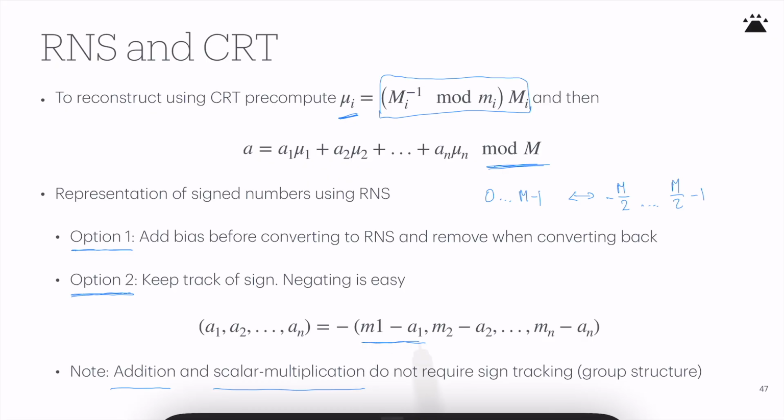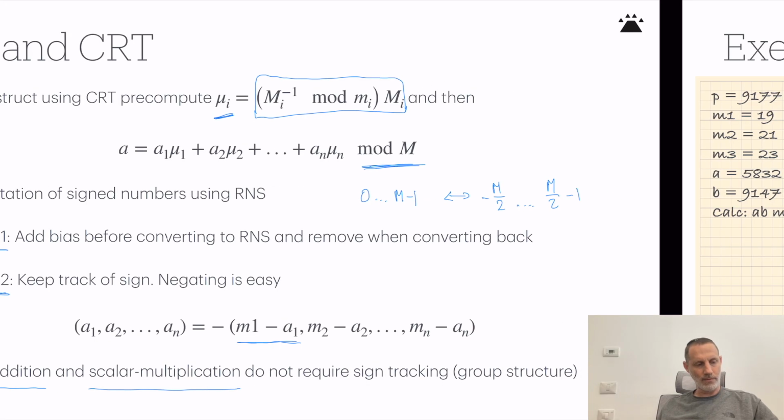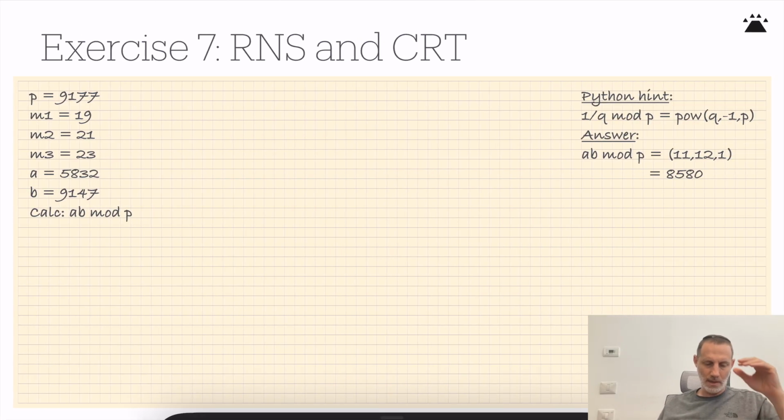Okay, so let's do a small RNS exercise, really just practicing going in and out of RNS representation. This is our number up here, 9177, and it's made up of a product of small m1, m2, m3.